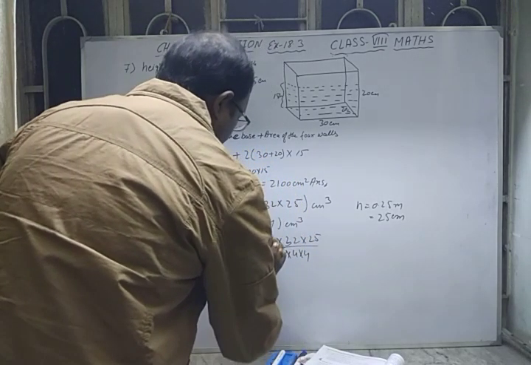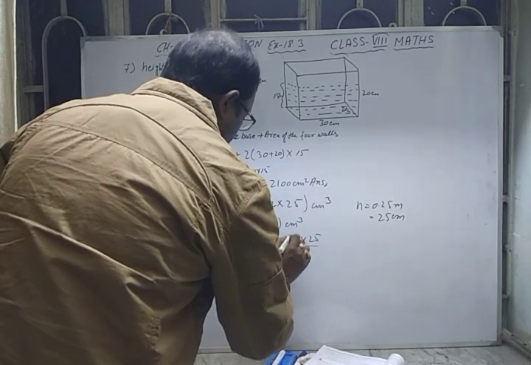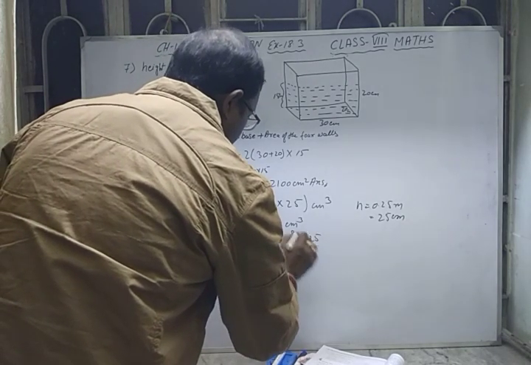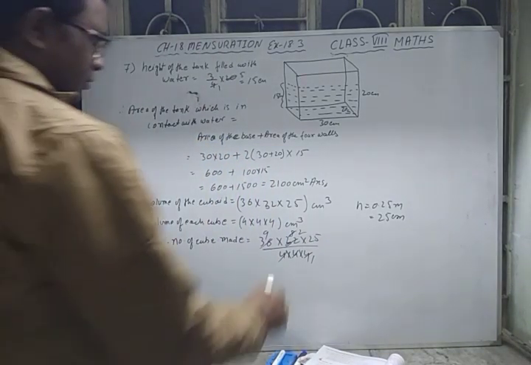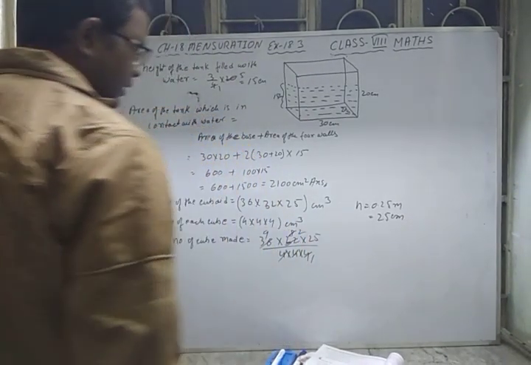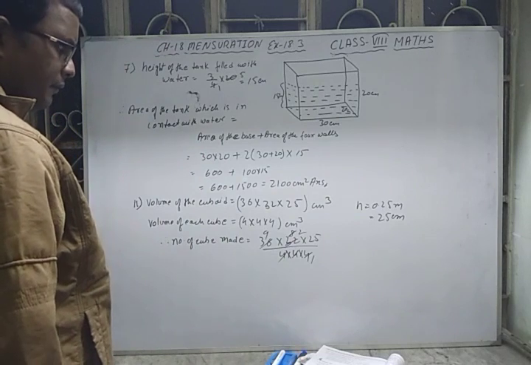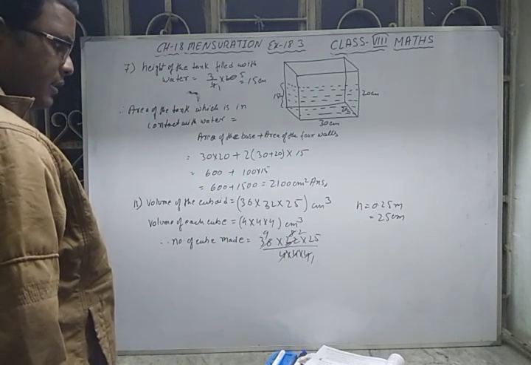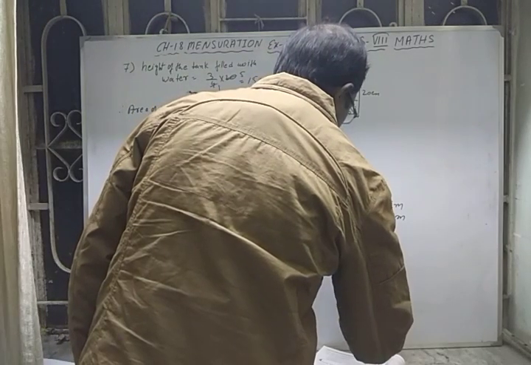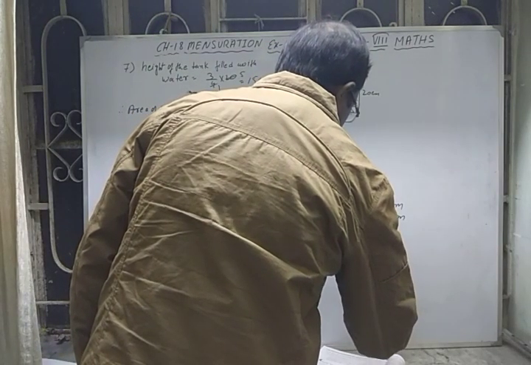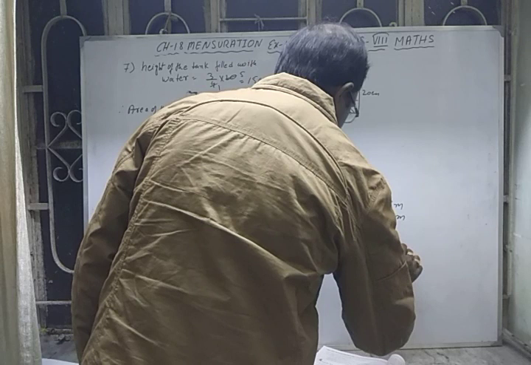So 4 9s are 36, 4 8s are 32, 4 1s are 4, 4 2s are 8. So 25 into 2 is 50, 50 into 9 is 450. So 450 cubes have been made. This is the first part of the question.